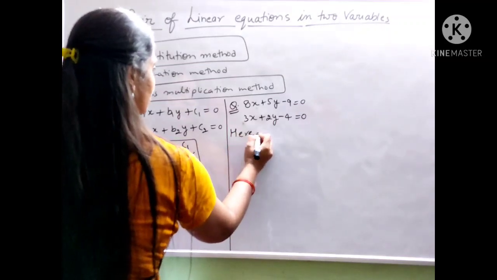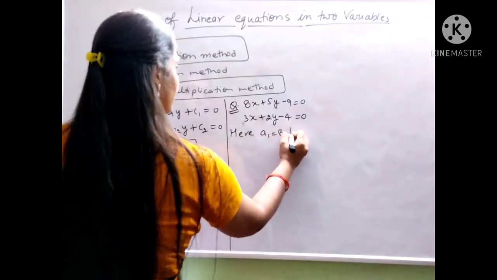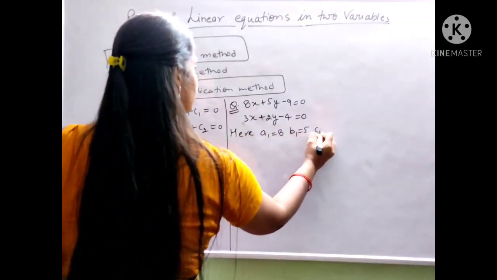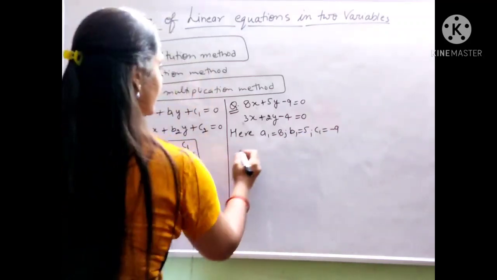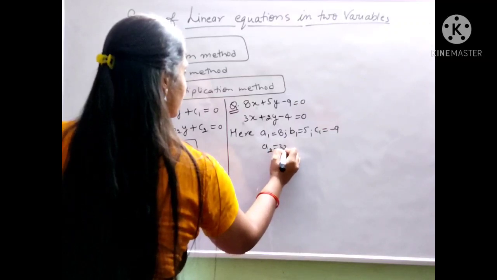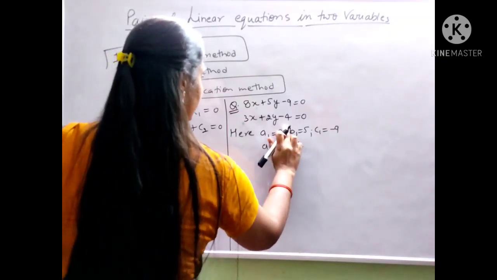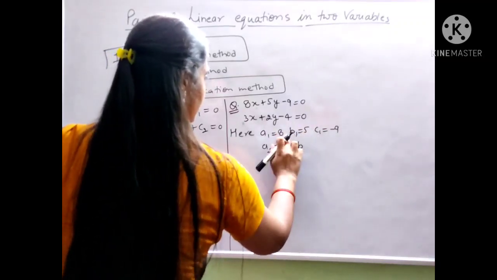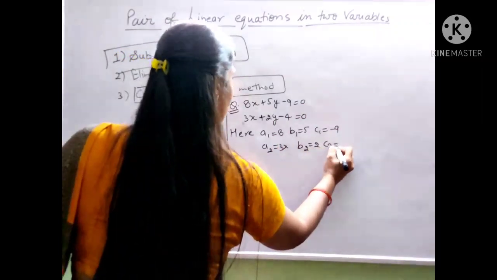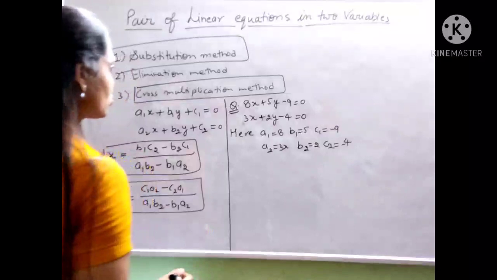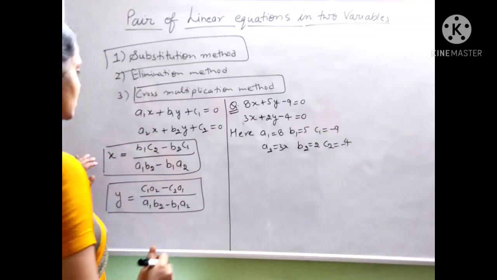Here A1 is equal to 8, B1 is equal to 5, C1 is equal to minus 9 and A2 is equal to 3, B2 is equal to 2, C2 is equal to minus 4. So here you can directly put the values in this formula.